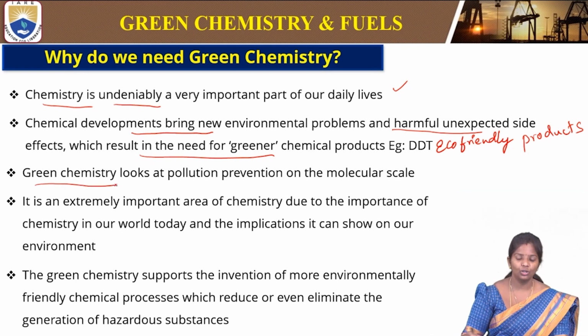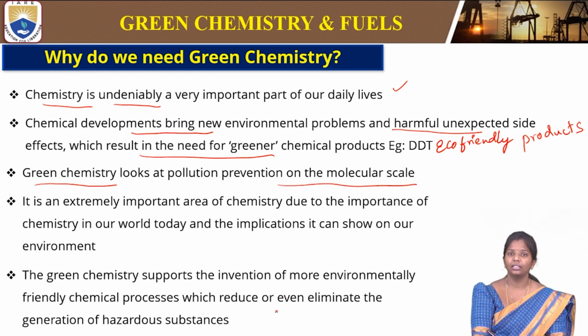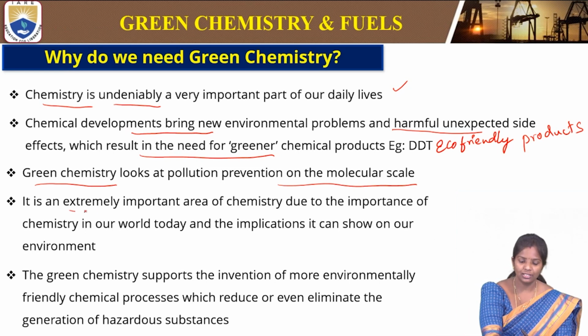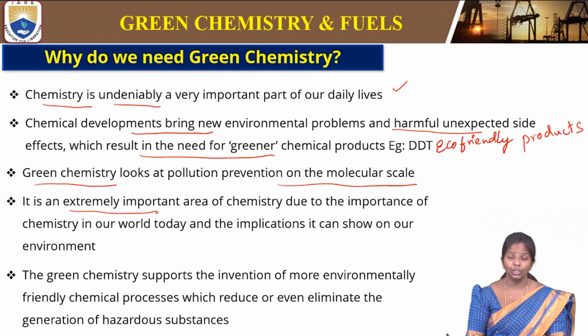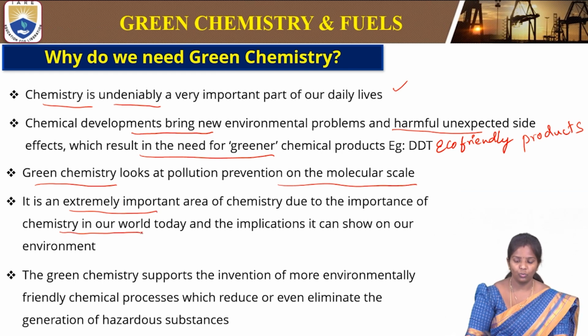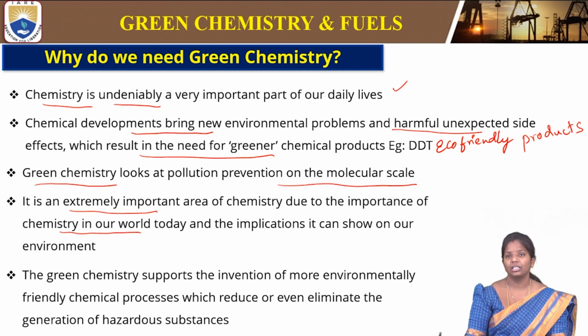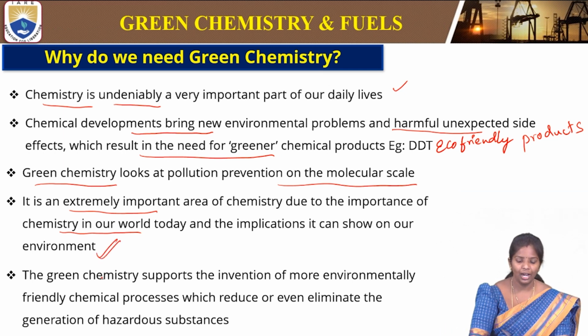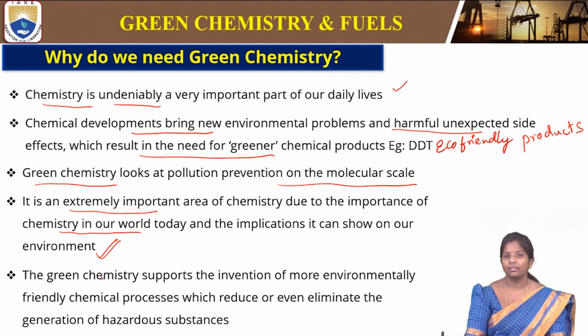Then green chemistry looks at pollution prevention at the molecular level, like modeling the molecules during product manufacturing to reduce the pollution, so that it will help environmental sustainability. So it is an extremely important area of chemistry due to the importance of chemistry in our world today and the implication it can have on our environment. So ultimately it will reduce the environmental pollution, so that we will be healthier, and therefore increases the sustainability.